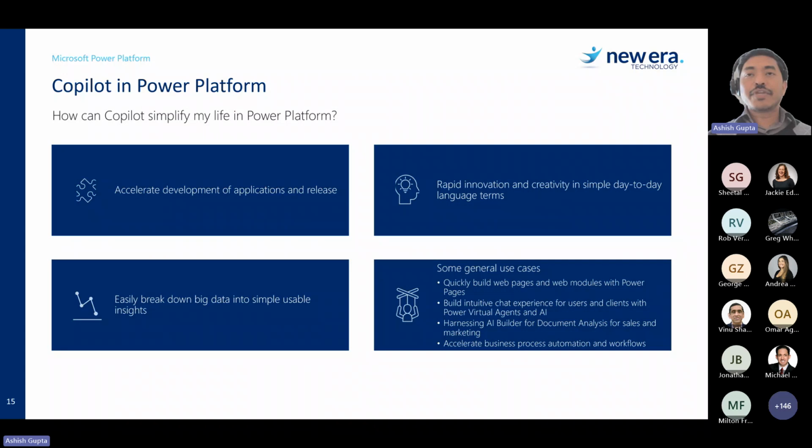So like I said, when you use the Copilot box in Power Platform, you simply ask your question like, hey, I need an app for my employee leave system. I need a workflow to approve my documents, or I need a flow where I can receive the email or attachments automatically in my library. Sure, you just type it and Copilot will do majority of the job for you.